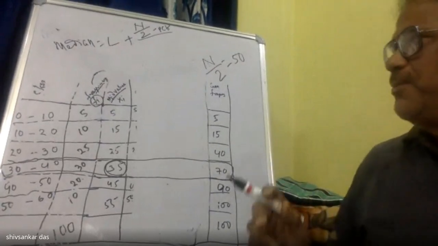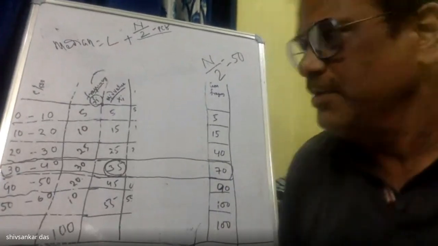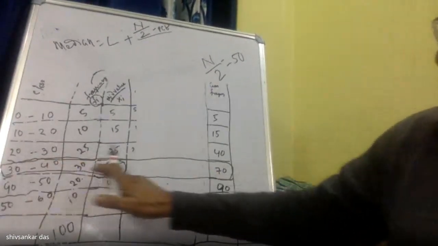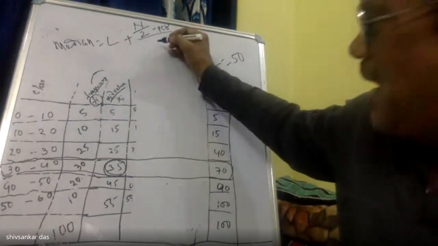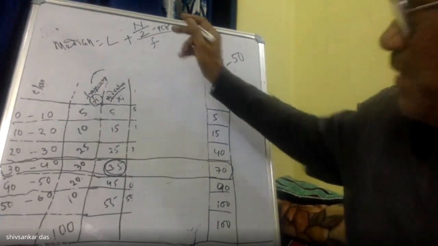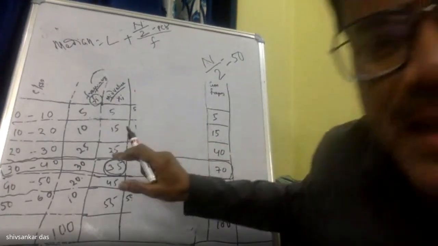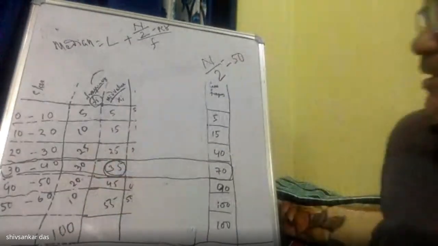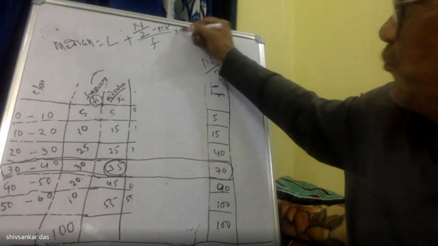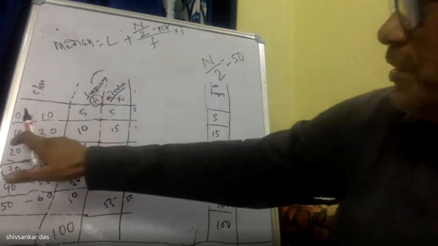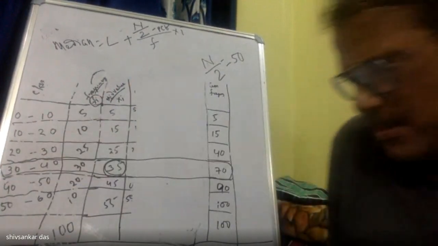Please write previous cumulative frequency. Divided by its own frequency, into I, where I is equal to width.